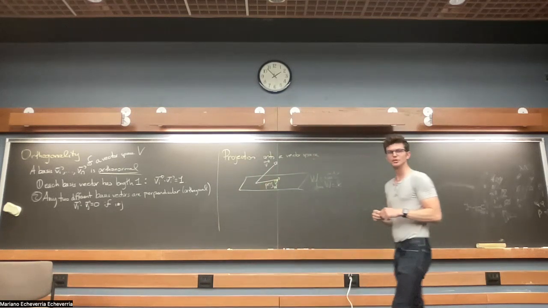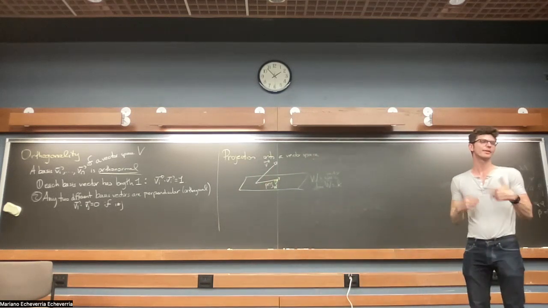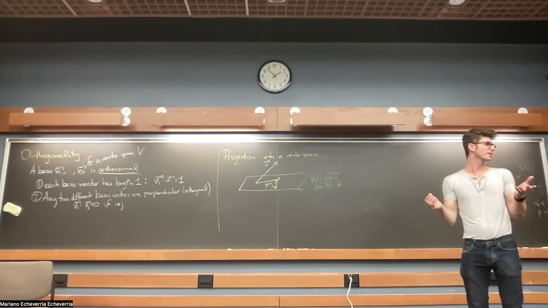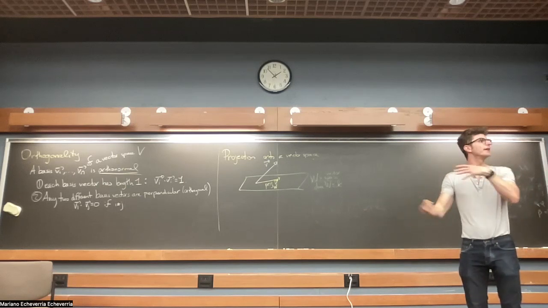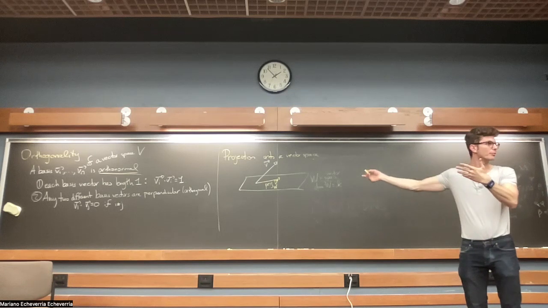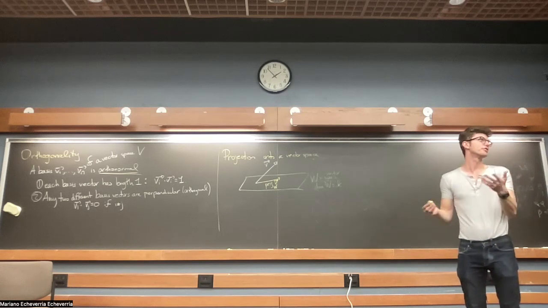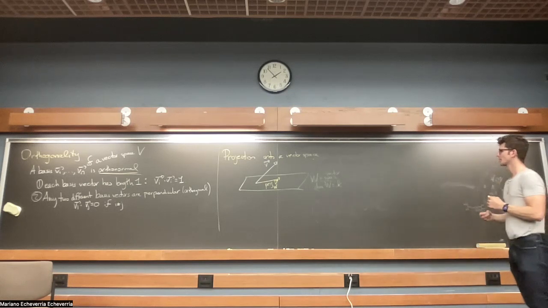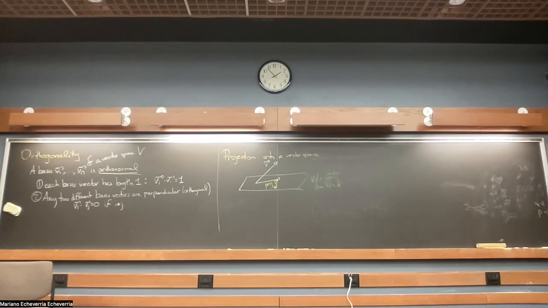When the vector spaces have higher dimensions, you cannot really visualize that, but it would look more or less like what I'm drawing right now. It's a generalization of that idea. So that yellow vector is the shadow vector.